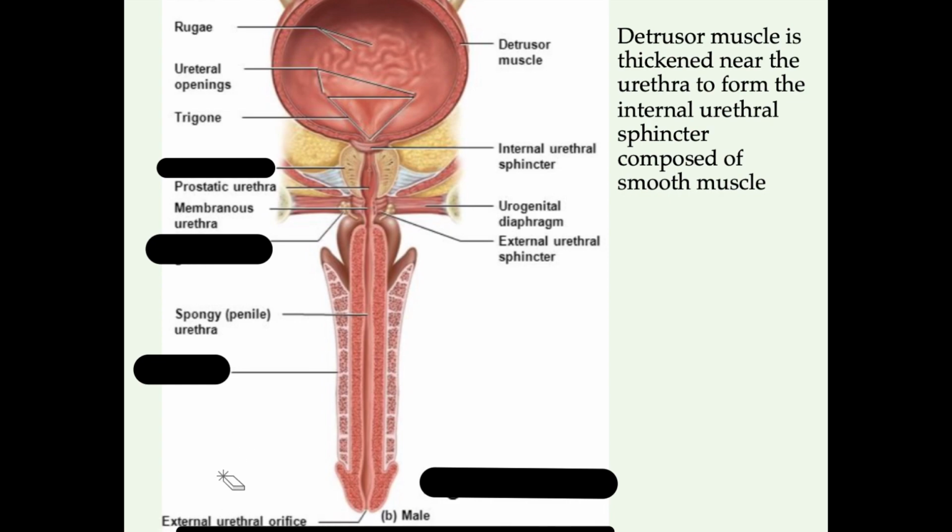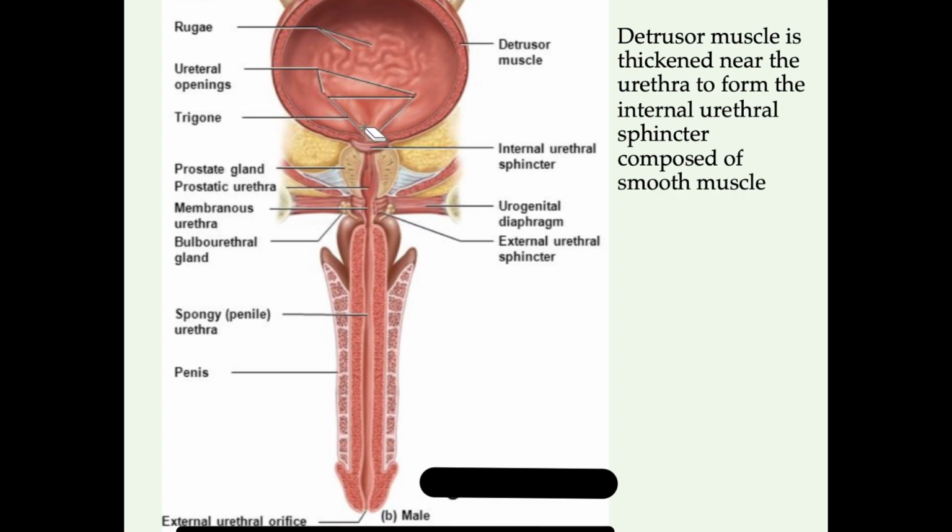Now, other components that make up the male urinary bladder include the penis, the bulbourethral gland, and the prostate gland. Urine flows through the prostate gland. Urine will always flow through the prostate gland.